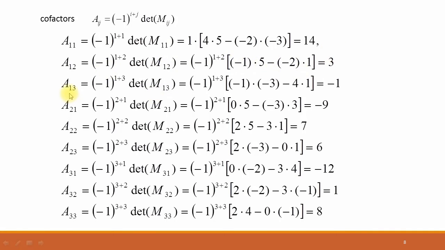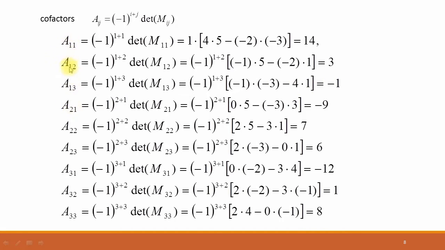Now similarly find the cofactor A13. A13 means minus 1 to the power 1 plus 3 and the determinant of M13. Minus 1 to the power 1 plus 3 is positive, and the determinant of this minor matrix will be minus 1 multiplied by minus 3 minus 4 multiplied by 1, which is equal to minus 1.